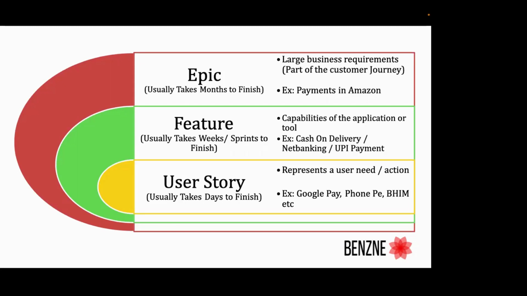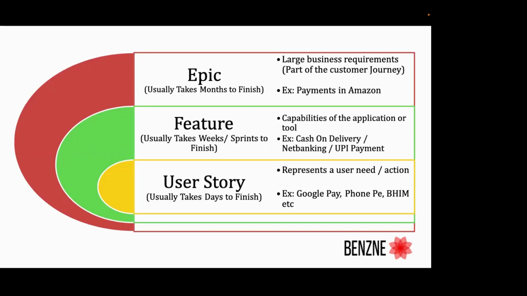It is a phase of a customer journey in your product itself, which has a significant amount of business value added to it. Usually, epics last over months, or sometimes they don't even get close because there's more and more innovation happening over certain modules. This is the highest level of requirement in Agile.